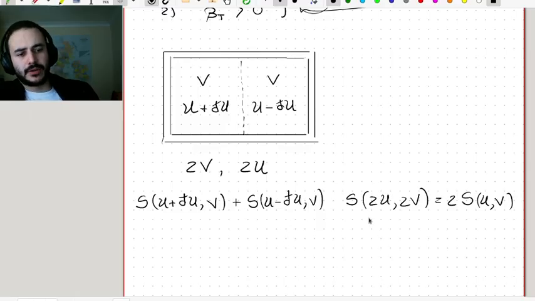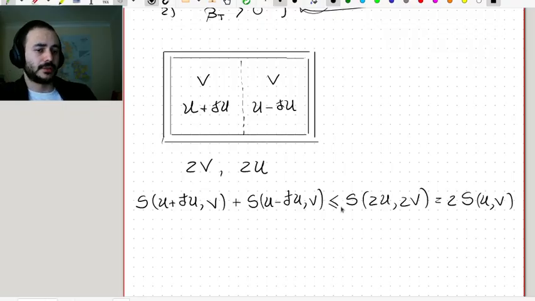And I know that because initially I was already in a stable state, the entropy on the right-hand side is the maximum possible entropy. Any other state, including this non-homogeneous state here, will have less entropy, okay? So this is something I know, and I will exploit this now.